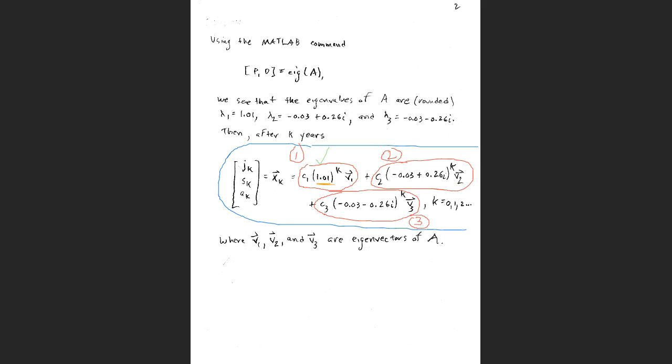Okay. Let's go ahead and look at the second term. Here the coefficient is negative 0.03 plus 0.26i to the kth power. Now, let me just show you something here. One moment. Let me go to the whiteboard.